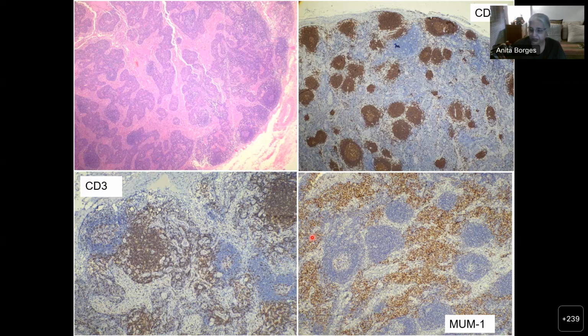You hear about it when they're talking about lymphomas. But those lymphomas are the lymphomas of follicular helper T cells, those sitting within the B cell follicles, and not the T cells present in the paracortex.